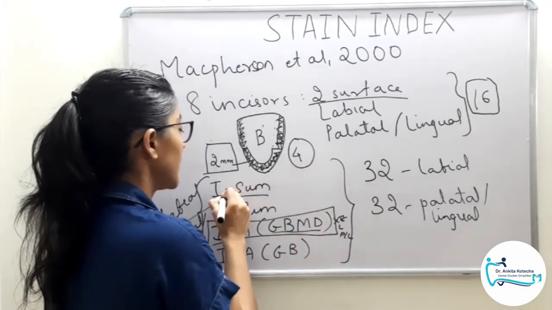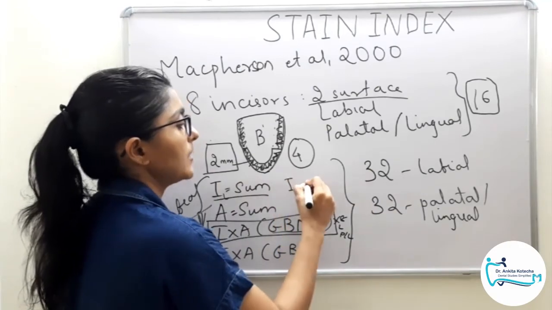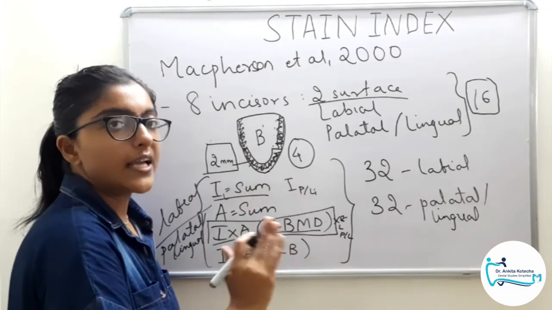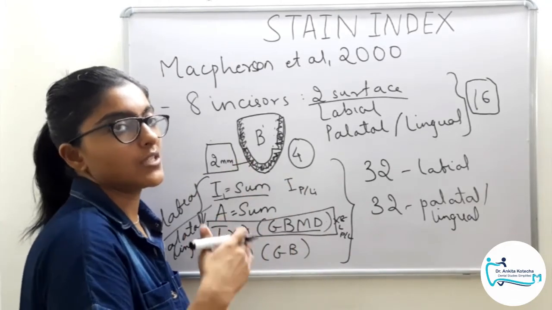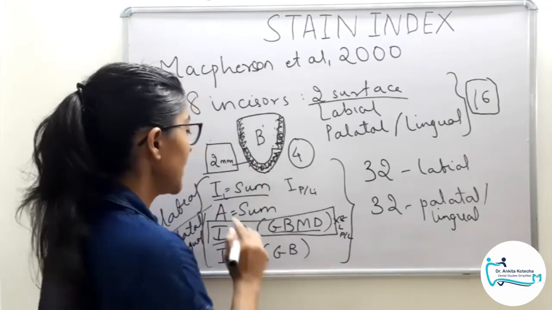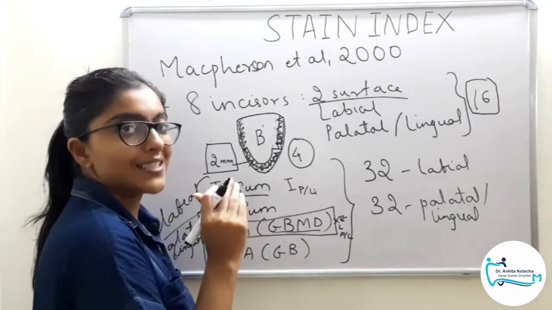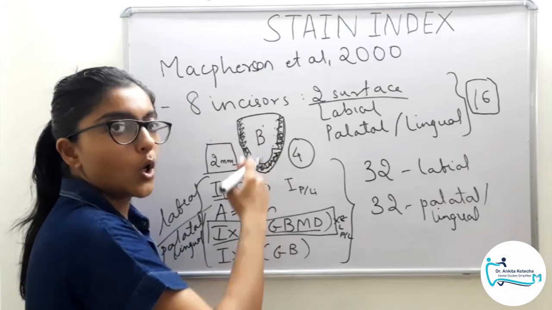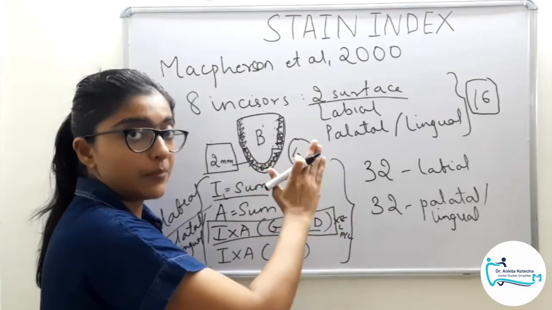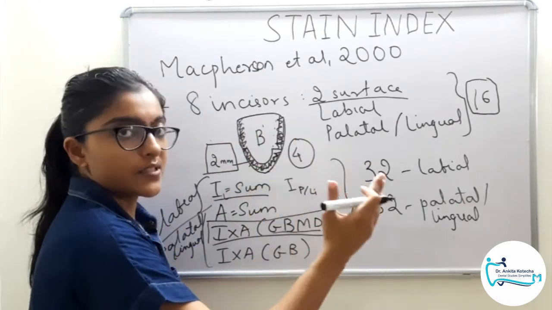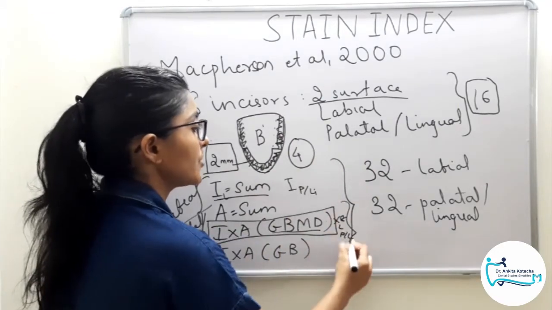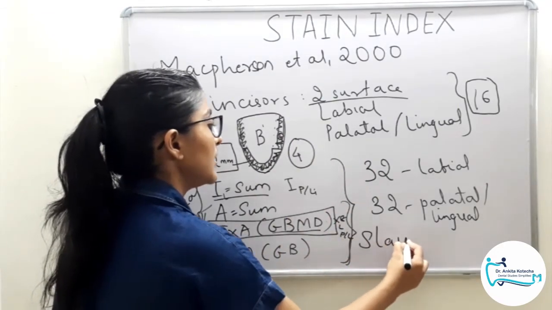So let us denote them as IL for labial and IL for palatal or lingual, something like that, just to get a demarcation of which score stands for which surface. Clear? Similarly, we have area scores, that is sum of the area of distribution of all the regions on all the surfaces labial and all the surfaces palatal or lingual. And then we have product score, which are the final values.